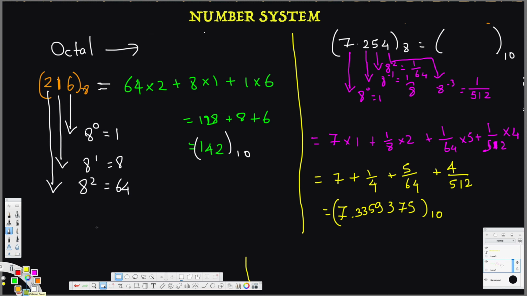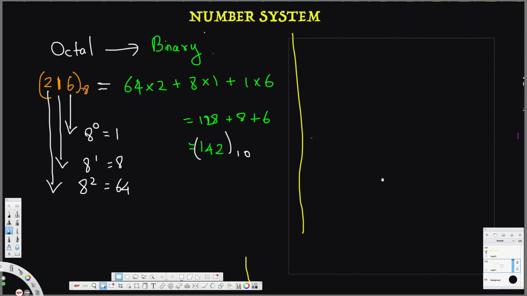We know how to convert from octal to decimal, but we don't know how to convert from octal to binary. But here we can go a long way and do that.